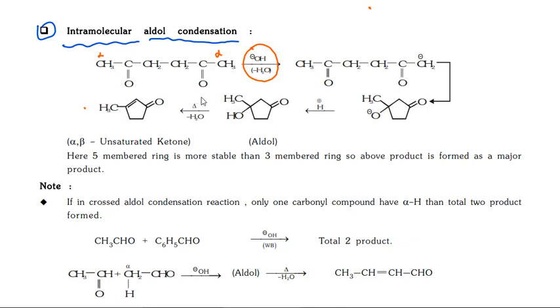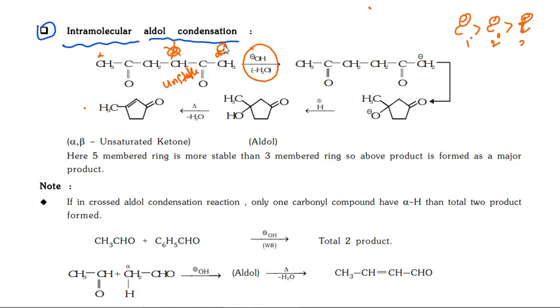Now where is this hydrogen leaving? See, here a carbanion and this carbanion; this one is the unstable carbanion because it is secondary. We know that primary carbanion is more stable than secondary, which is more stable than tertiary. So the primary carbanion is forming; here it is not forming.